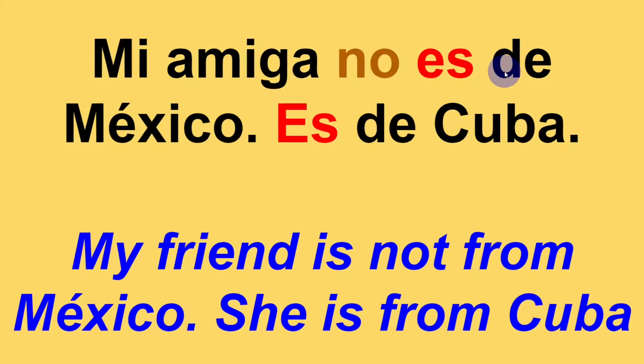Now, there are a lot of things that happen here. I am going to show you how to say the negative way, and also how the subject pronoun disappears in the second sentence. English version: My friend is not from Mexico. She is from Cuba.